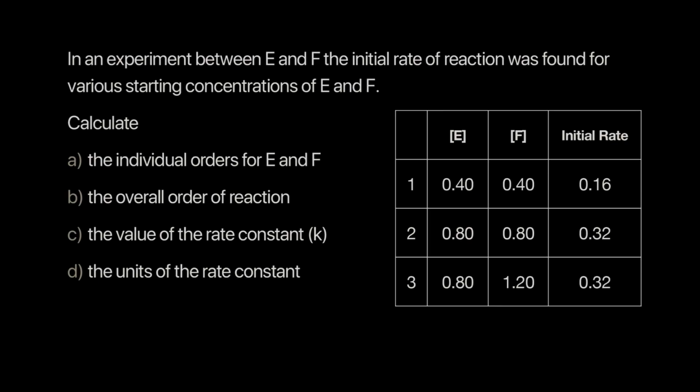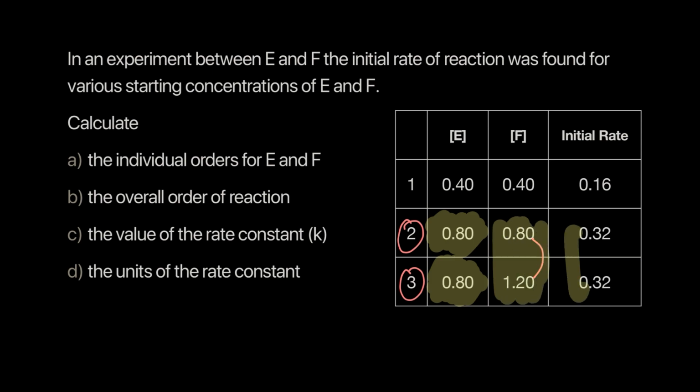So what you do is you first find the one where the other is kept constant. Now I notice that in experiments 2 and 3, E is kept constant. E is right here, and right here. So in experiments 2 and 3, E is kept constant. And F is changing by a factor of what?